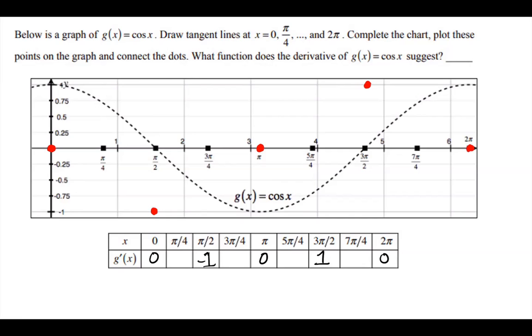Okay, so it kind of has the same features, right? Would you say so, Isabella? It has the same features as sine, except it's going the opposite way. So instead of positive sine, let me finish drawing this guy.